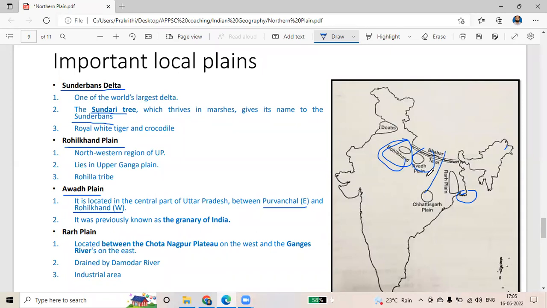In the early time ये पूरा एग्रीकल्चर लैंड है, तो इधर this area is considered as the granary of India. तो उतना सा प्रोडक्शन उसी एरिया में था in Uttar Pradesh. Later, after Green Revolution, that has been moved to Punjab and Haryana region, but this area was earlier known as the granary of India.